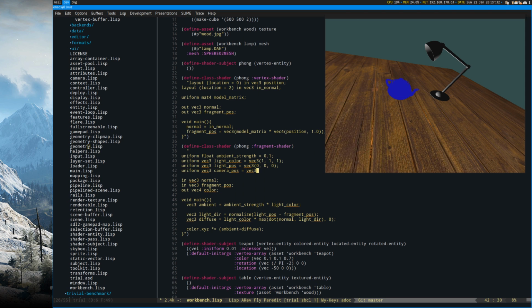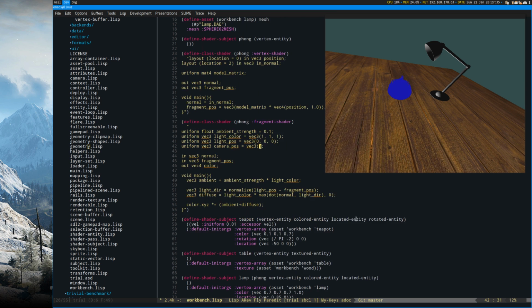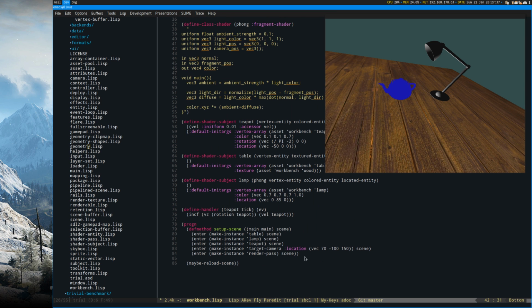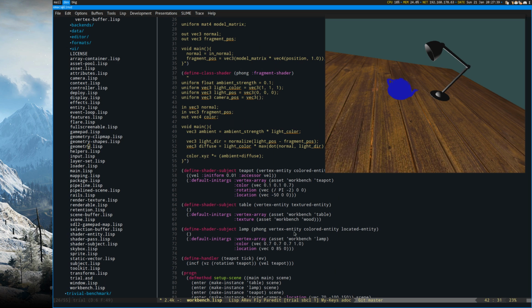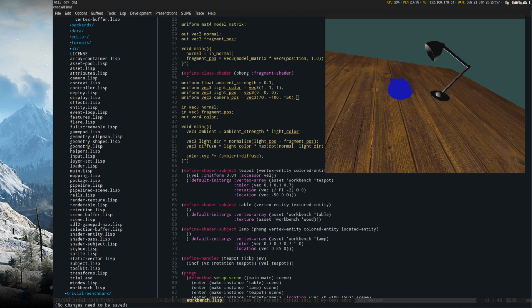Camera pos is 70, 100, 150. Okay. Hardcode it elegantly. About as elegant as I can do. Alright.